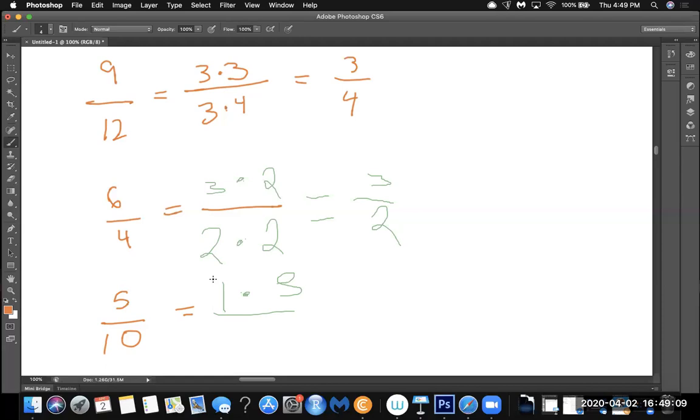And then what can we break 10 into? Very good. And what 2 numbers divide? 5 and 5 into 1. What do you have left? 1 over 2.